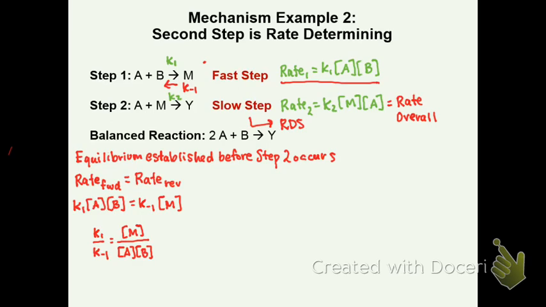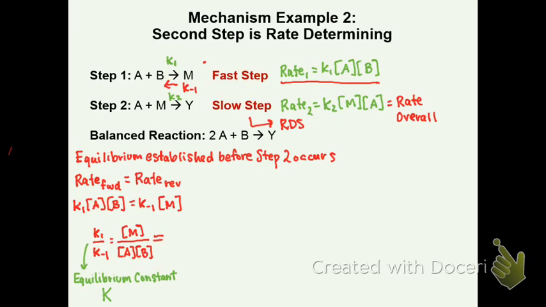And it turns out that this ratio of K1 over K minus 1 is a specific constant called the equilibrium constant. And this is designated with a capital K. And so what this allows us to do is express the concentration of M, the intermediate, in terms of the equilibrium constant K and the concentrations of reactants.